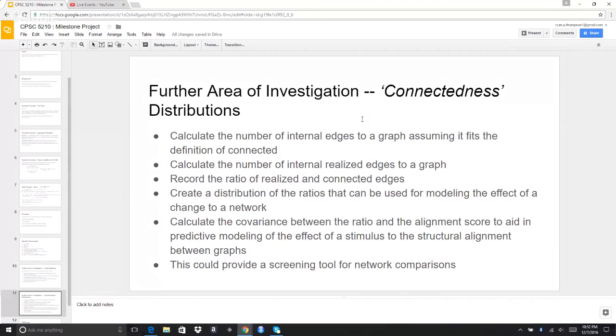So either the graph post-stimulus to pre-stimulus, or post-stimulus to a different baseline graph. And then once you've gotten the covariance of enough samples to say, how does the internal change of the stimulus relate to its connectiveness to another baseline graph, you could use it as screening. So you may not have to constantly rerun to say how is the overall matching scheme.